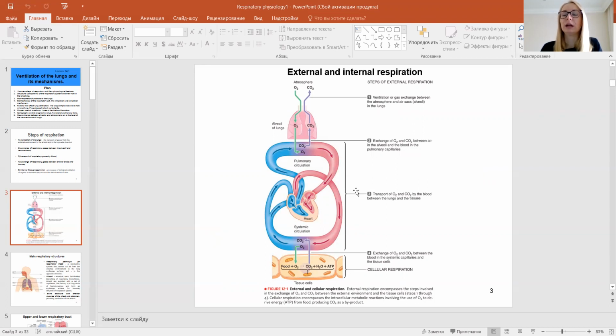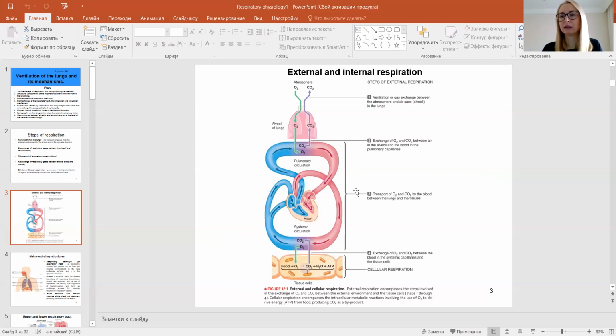The diffusion is performed due to partial pressure gradients of gas mixture components and of gases dissolved in fluids, and this type of mechanism does not require energy.